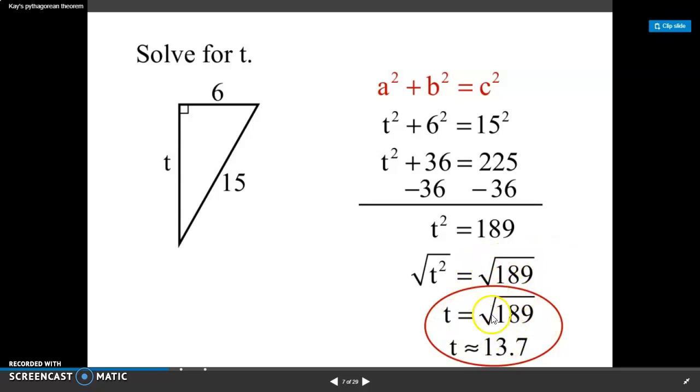Always we take the positive value. So t will be more or less 13.7.